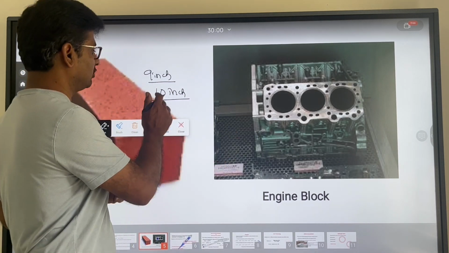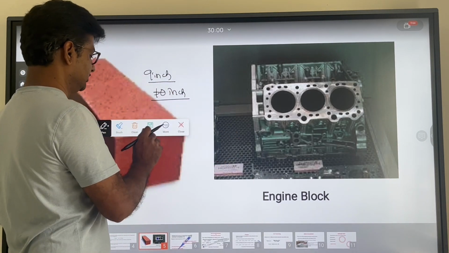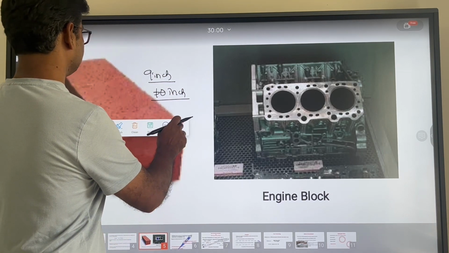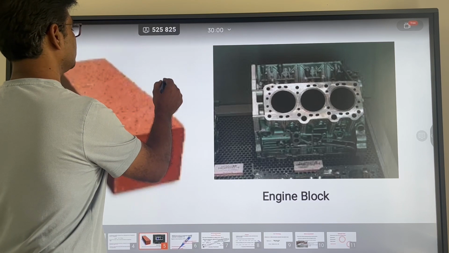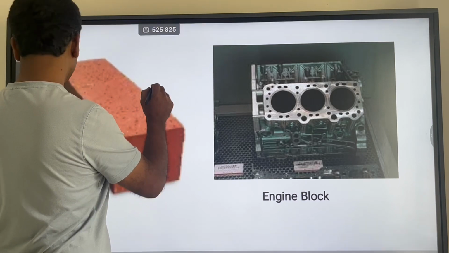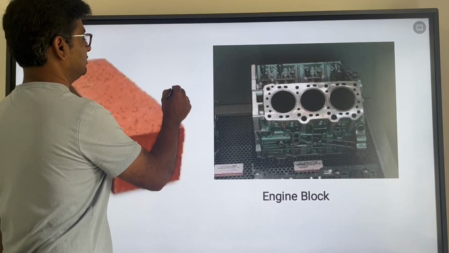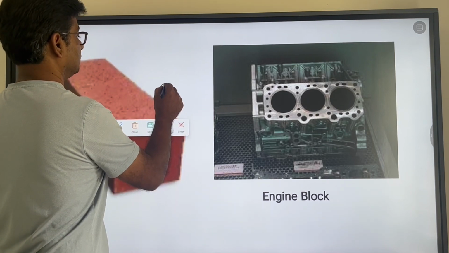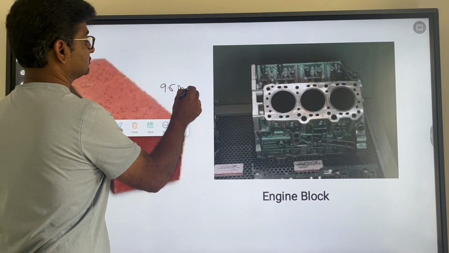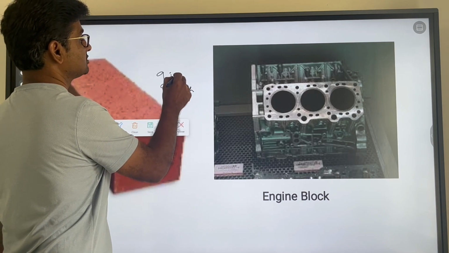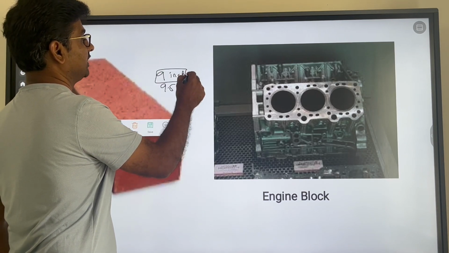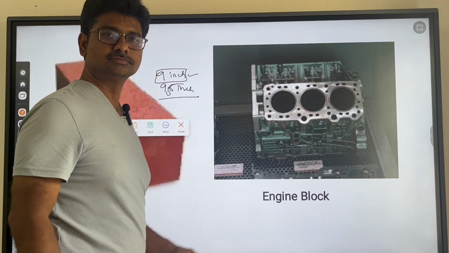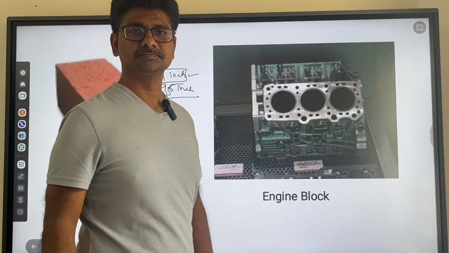Maybe 10 inch we cannot accept, 9.5, yes. This is the actual value, 9 inch, but even if it measures 9.5, we can use it.